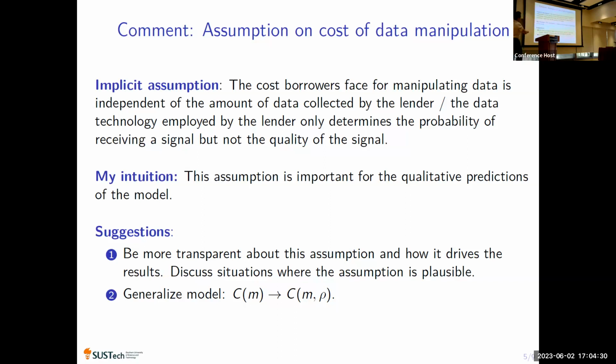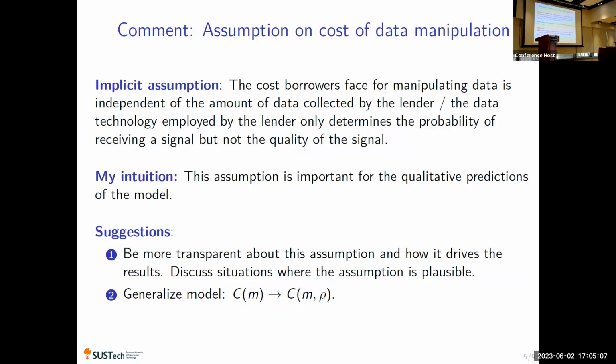Or one can possibly generalize the model, and instead of the cost of the borrower just depending on the manipulation rate, also have it depend on the amount of data that the lender is collecting, and being increasing, of course, in both components. Going along this road might complicate the story a bit, depending on exactly what this dependence looks like.